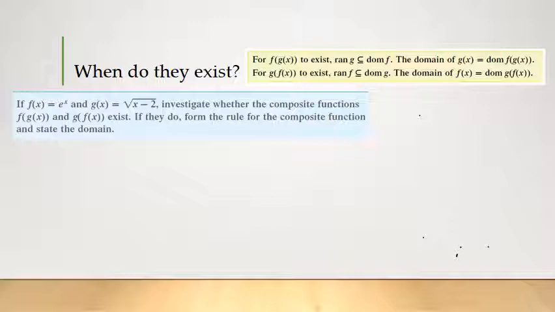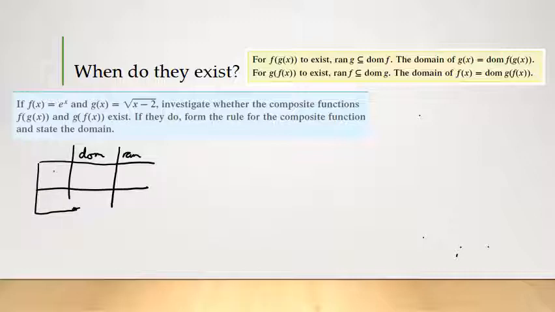Okay, so if f of x is equal to e to the power of x and g of x is equal to the square root of x minus 2, investigate whether or not the composite functions f of g of x and g of f of x exist. The best way to do it is write down our domain and ranges, for f and for g.